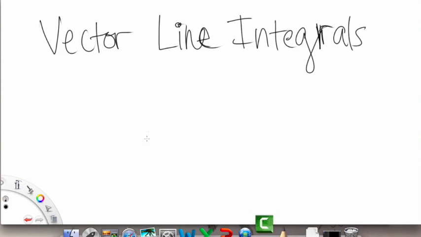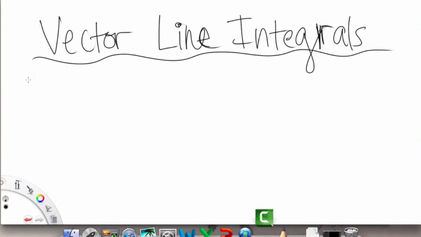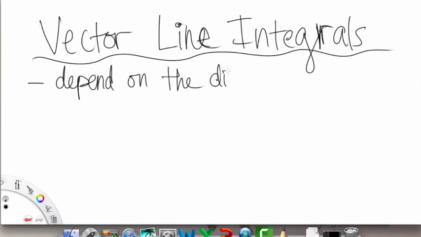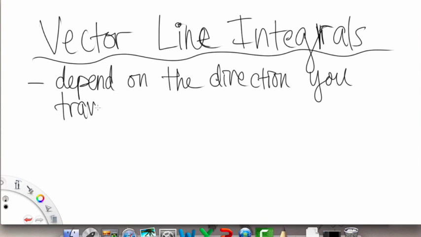So just an overall view of them, the key difference from scalar line integrals is that these depend on the direction you travel on the curve.